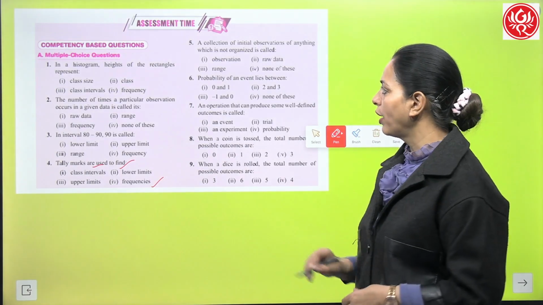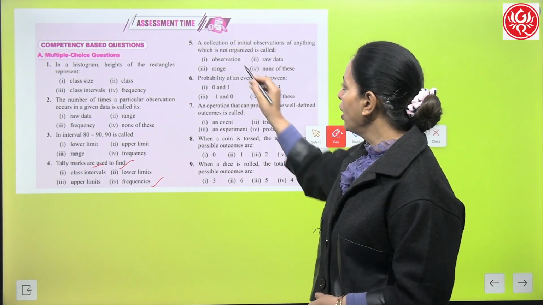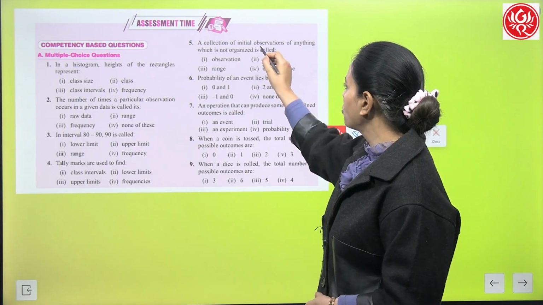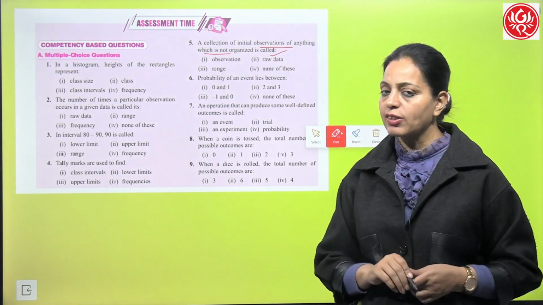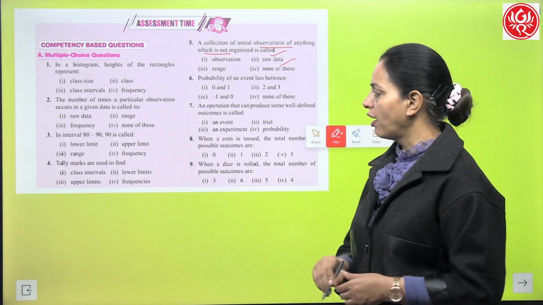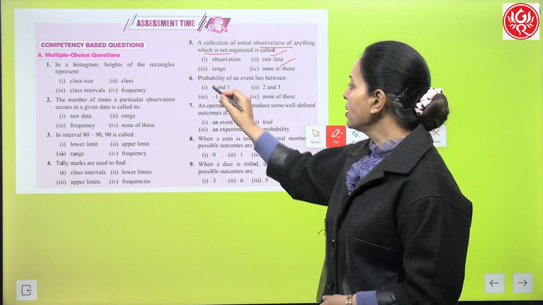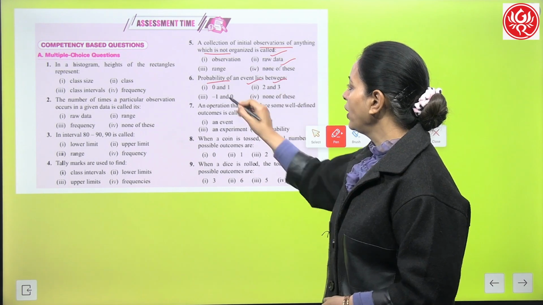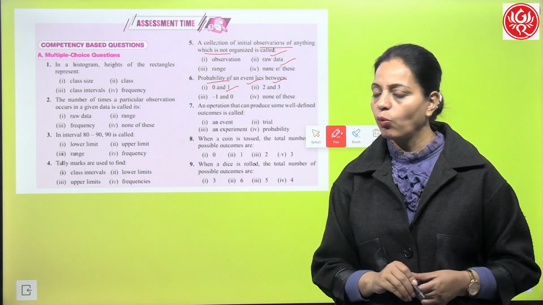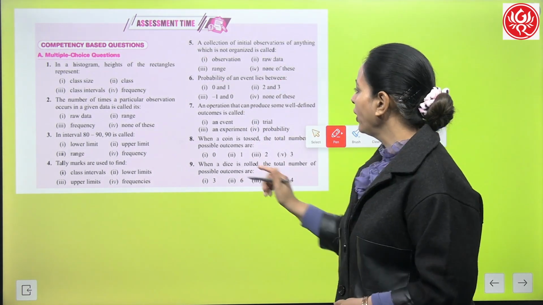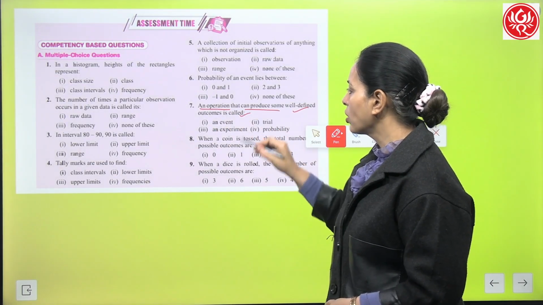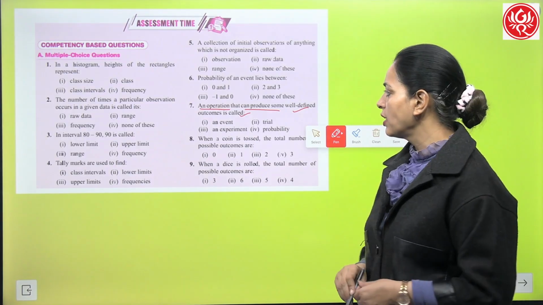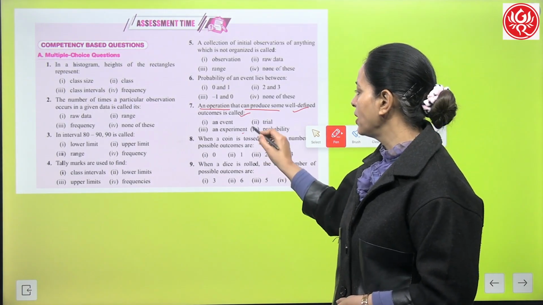Okay, fourth one. Now the fifth question, a collection of initial observations of anything which is not organized is called raw data. The sixth one, the probability of an event lies between 0 and 1. And the seventh one, an operation that can produce some well-defined outcomes is called an experiment.